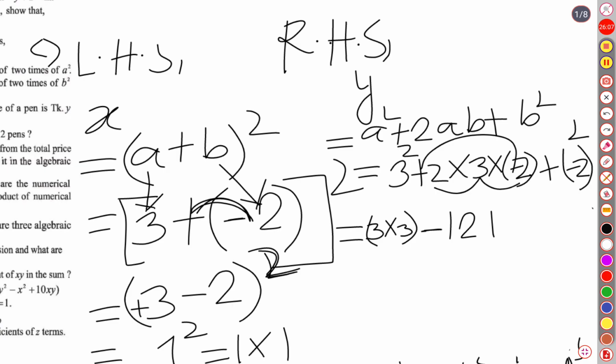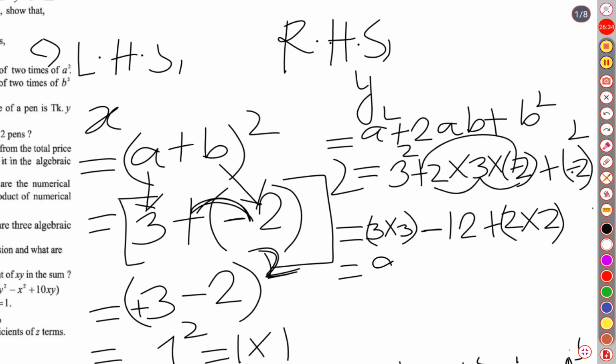Then plus here negative 2 square means actually positive. Remember, negative into negative means positive, means minus into minus is equal to plus. And 2 square means 2 into 2. Then let's do the calculation.